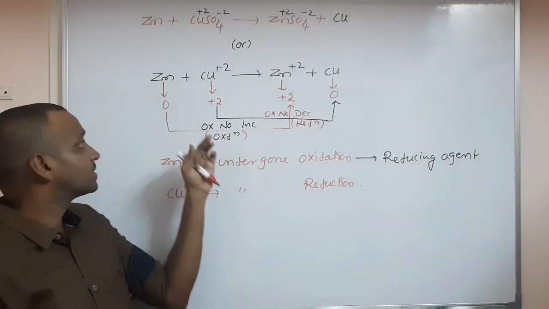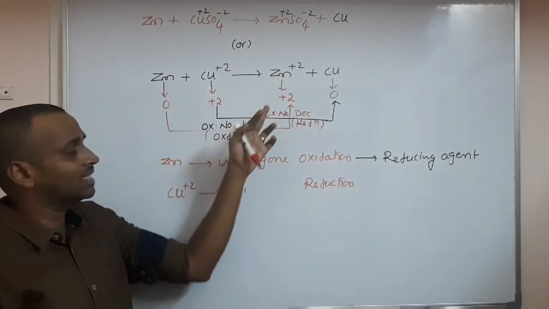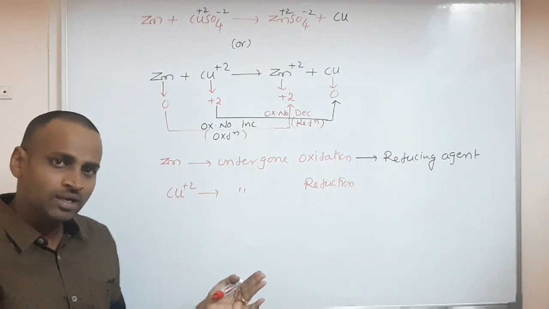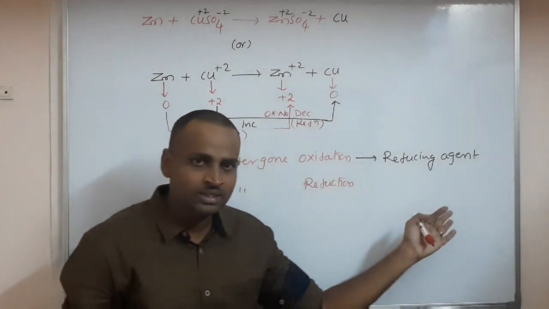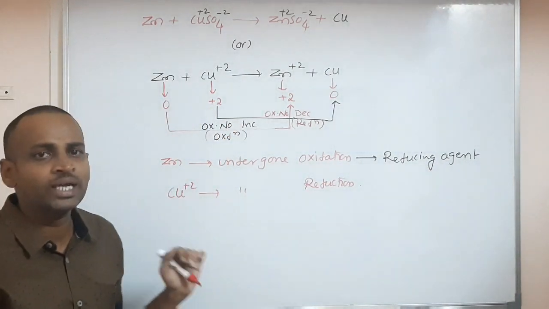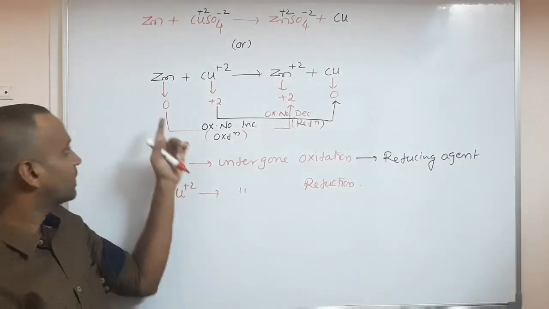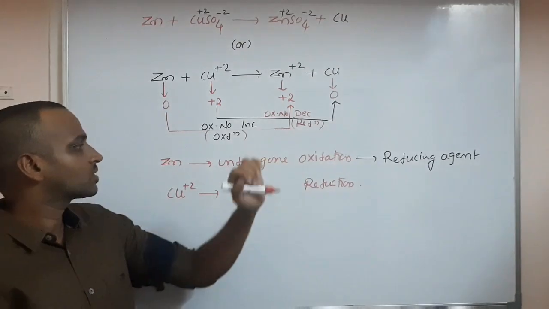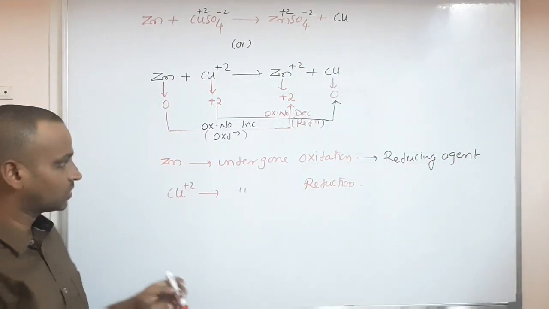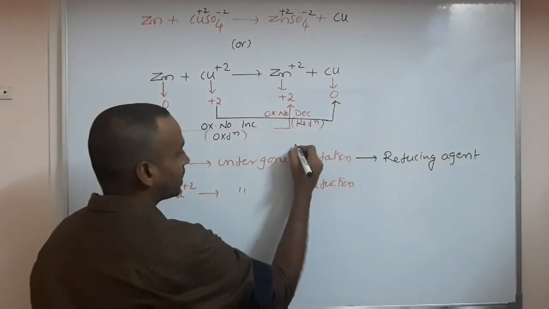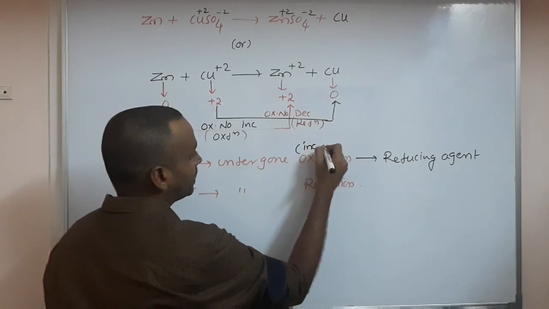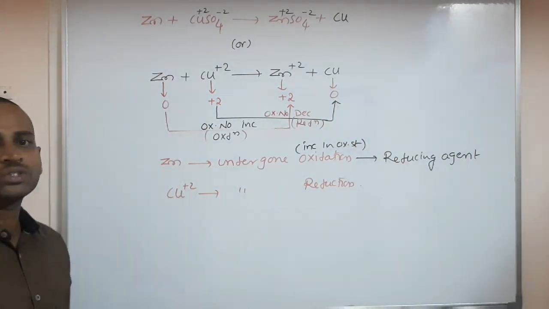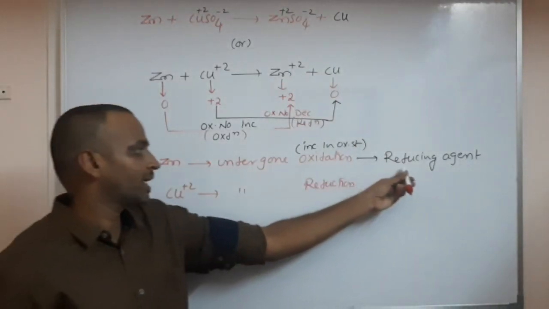I know already, that's why I said it. Zinc's oxidation state increased, so zinc underwent oxidation. Underwent oxidation means it is itself oxidized, so zinc acts as a reducing agent. But sir, why did I say oxidation? Because an increase in oxidation state happened. So zinc is a reducing agent.